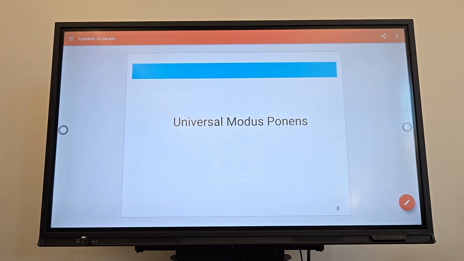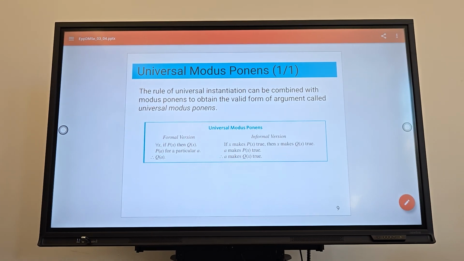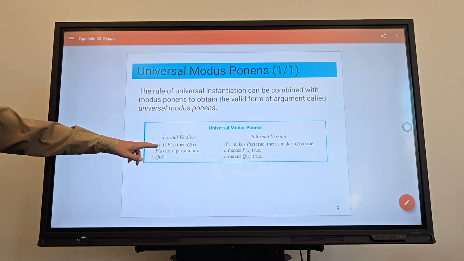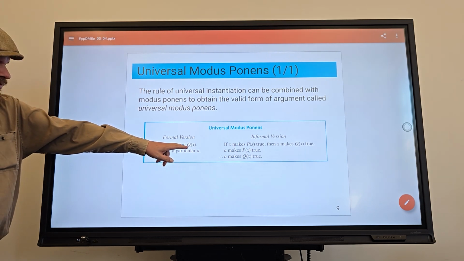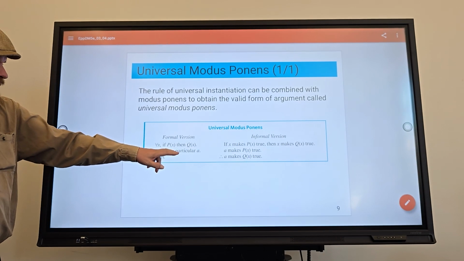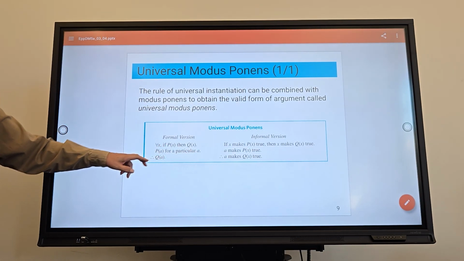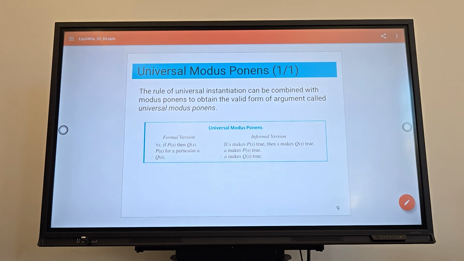Now, universal modus ponens takes the modus ponens that we learned in, what was that, chapter 2, and applies it to this. So for all x, if p of x, then q of x. If p of a is true for a particular a, then q of a is true by modus ponens.